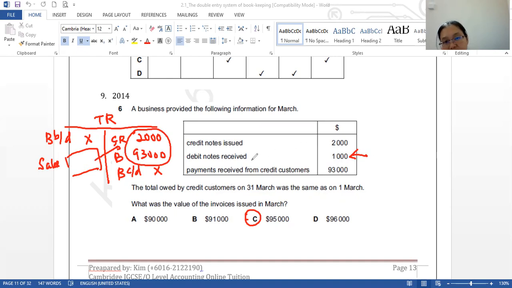This debit note received is part of this.